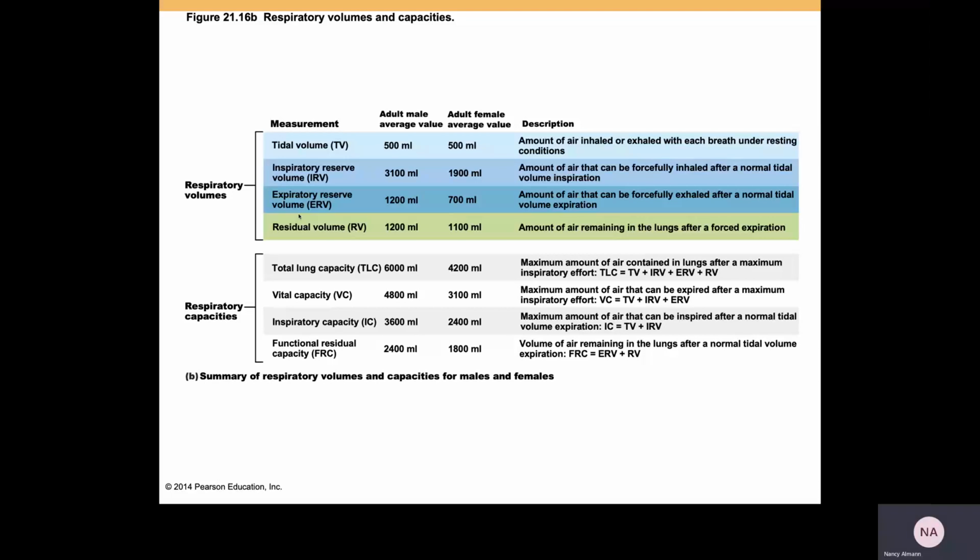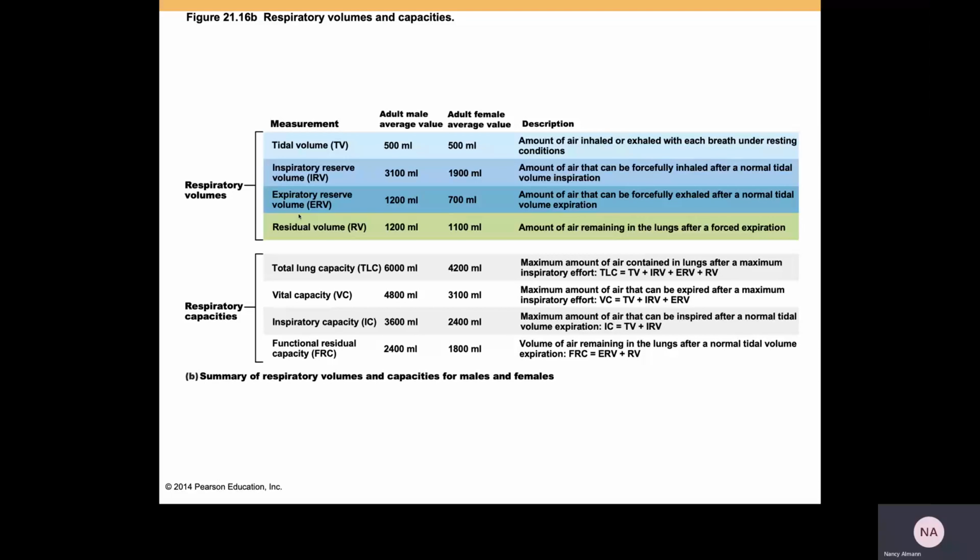Inspiratory capacity clearly is going to be the amount that you can breathe in. That's going to be tidal volume and inspiratory reserve volume. And functional residual capacity is going to be expiratory reserve volume and residual volume. That is a summary of volumes for both males and females.